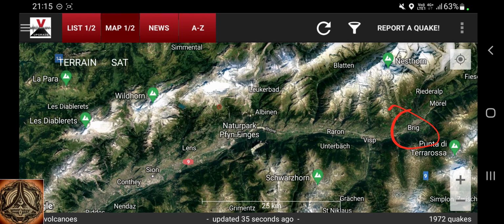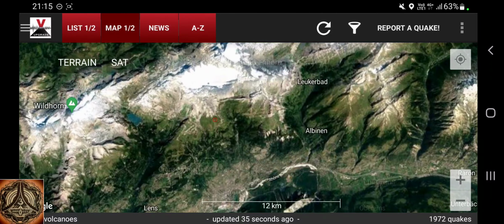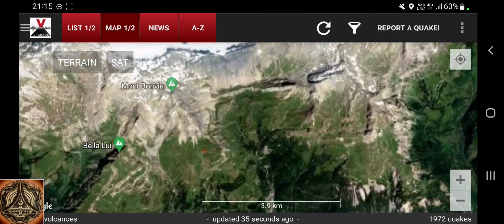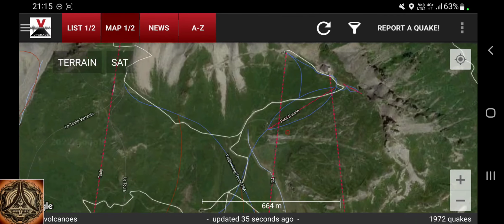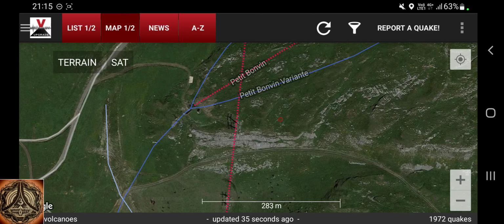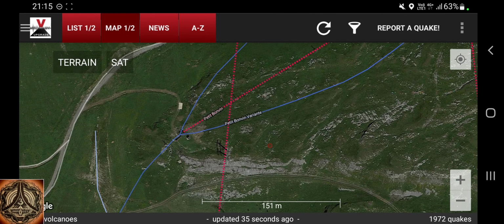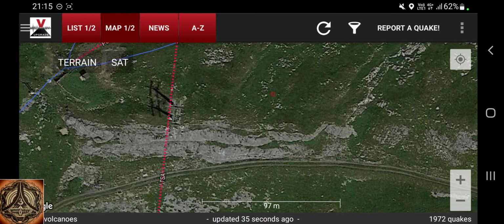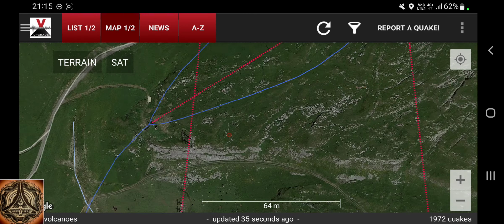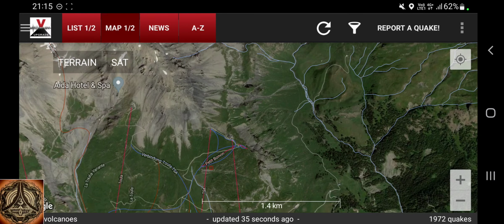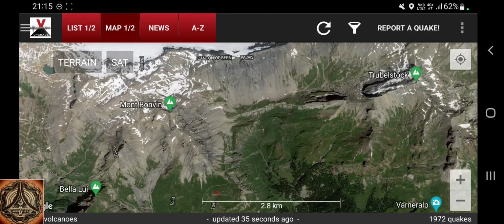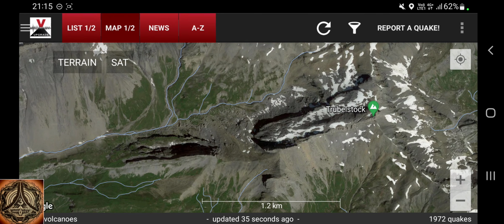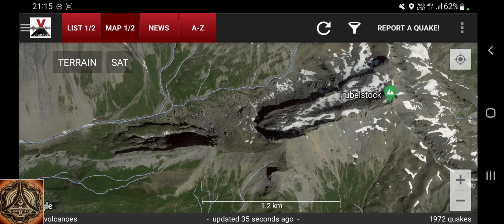Here is Brig, the place I have been talking about. Leukerbad, thermal springs, since it's a bath, or mineral springs. There's water veins, Petit Bonvin variant. Oh no, it's not. This is for alpine skiing. So the dogs are barking in the neighborhood since many days. And obviously there's a bear somewhere here with a puppy.